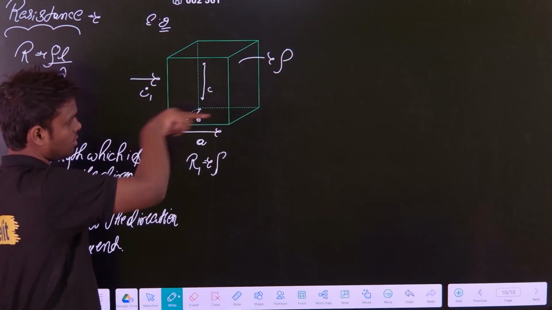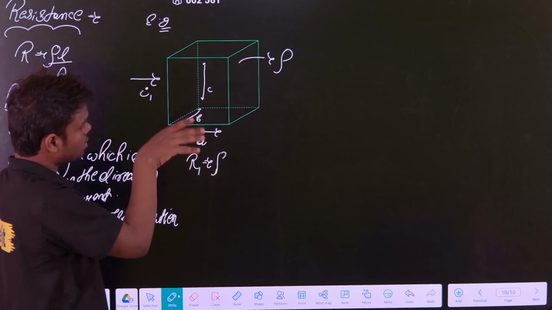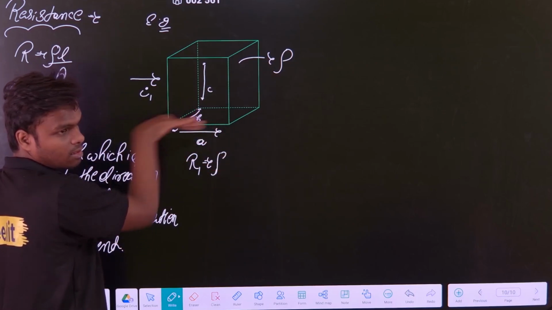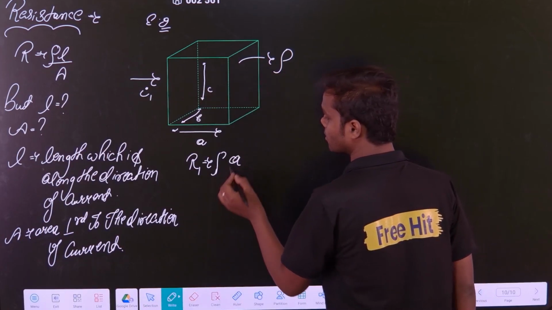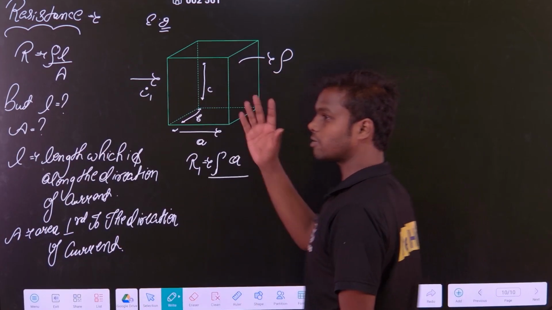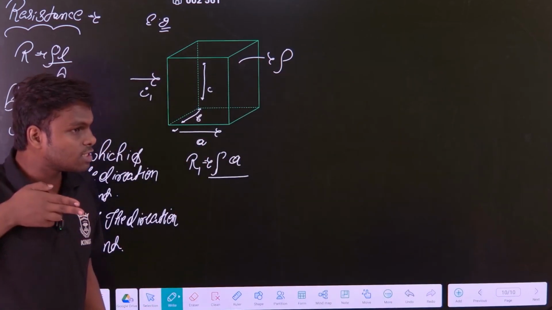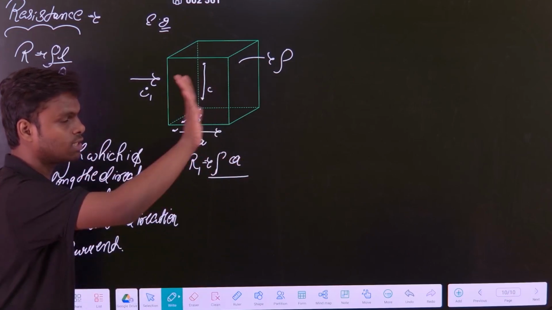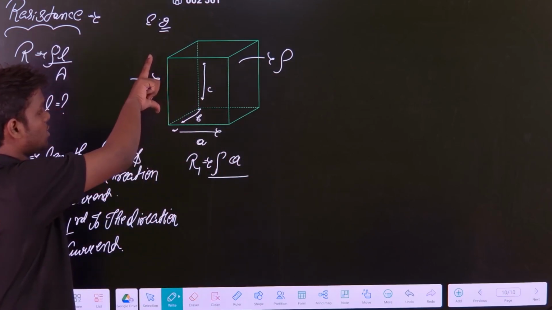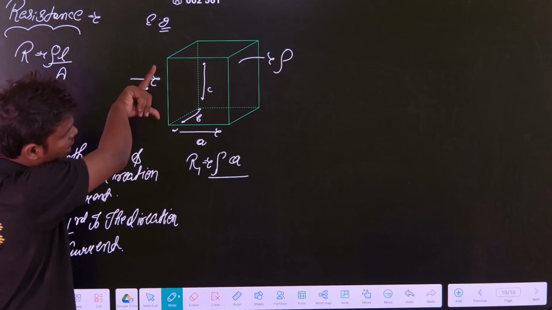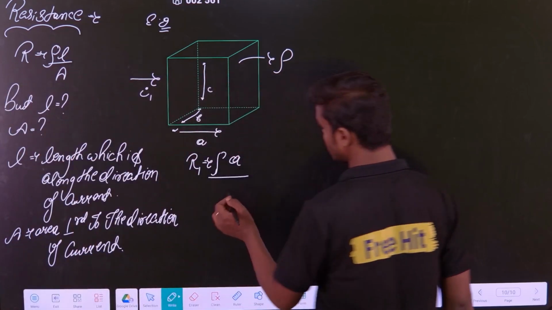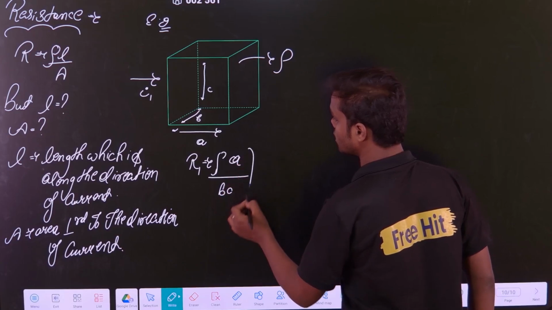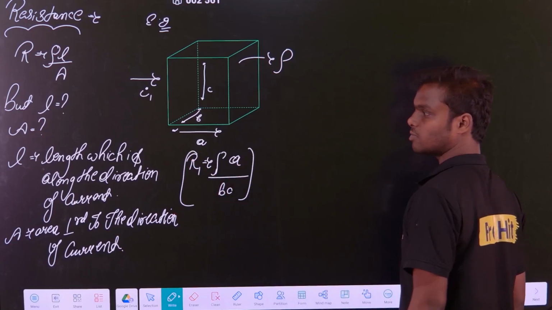This length is nothing but A, so our length will be A. Now what is the area? The area that is perpendicular to the current. See, this is my current. So which area is perpendicular? This area. What is this side? This is C into B, so my area will be BC. So that is my resistance. Are you getting my point?